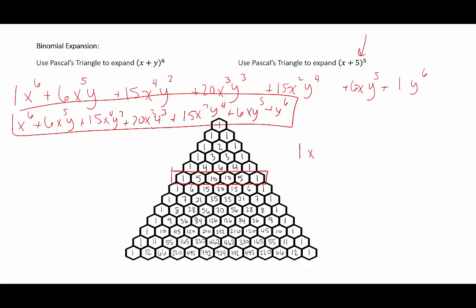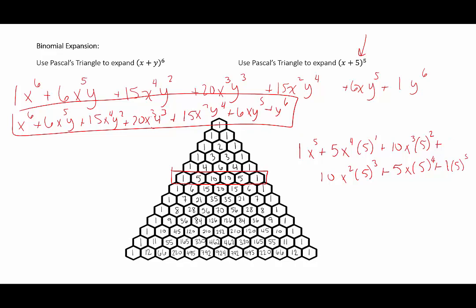So we have 1 x to the 5th plus 5 x to the 4th, 5 to the 1st, plus 10 x to the 3rd, 5 to the 2nd, plus 10 x to the 2nd, 5 to the 3rd, plus 5 x, 5 to the 4th, plus 1, no x, sorry, get rid of x, 1, 5 to the 5th.